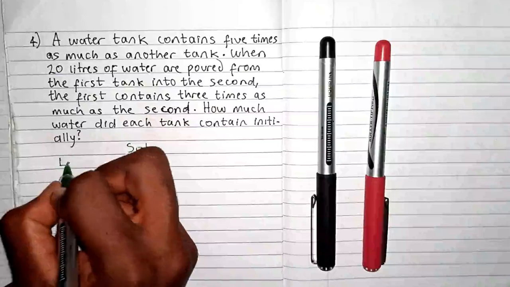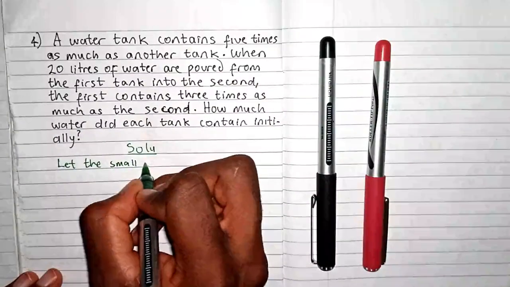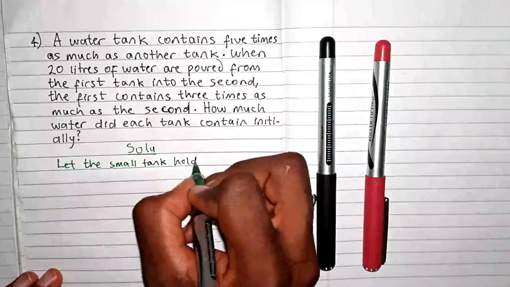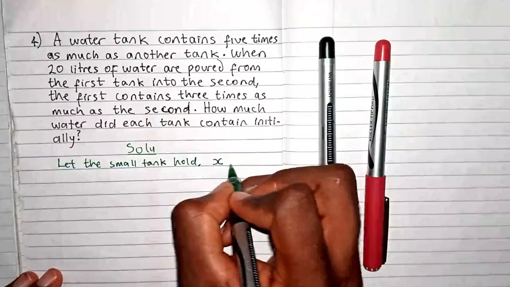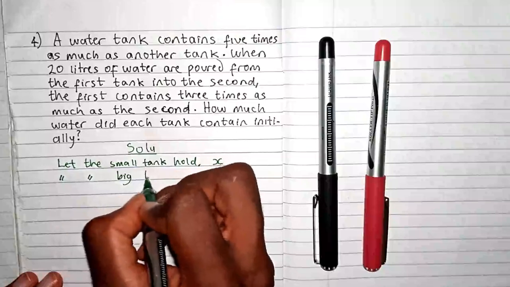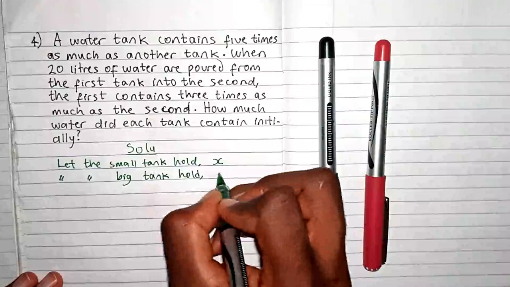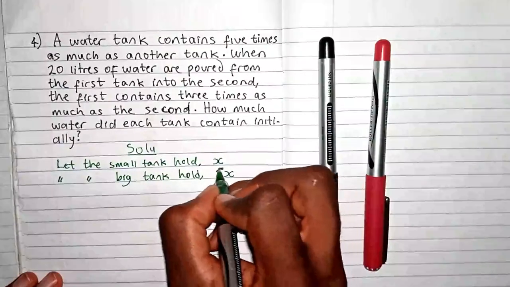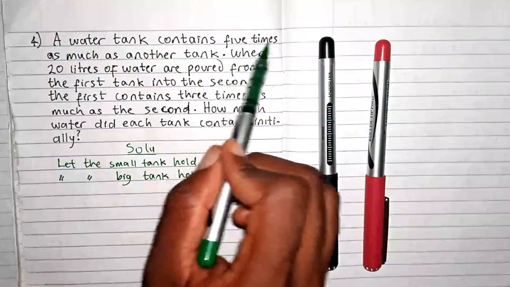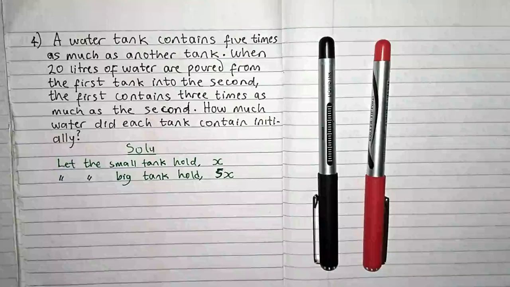So let the small tank hold x volume of water. Now let the big tank hold 5x. We are not forming it, it's here. So there are 2 tanks in the question.